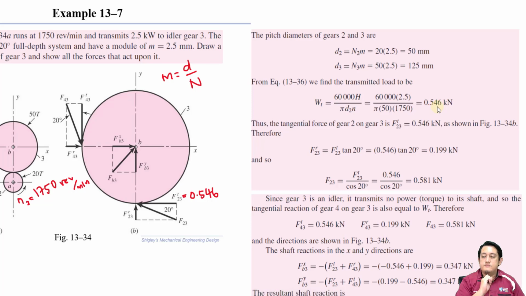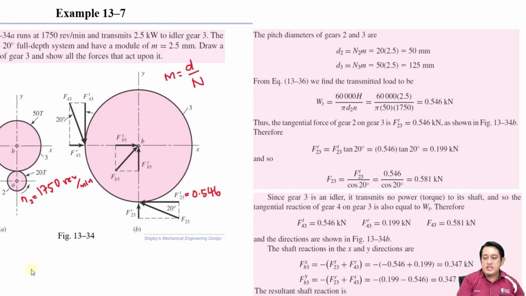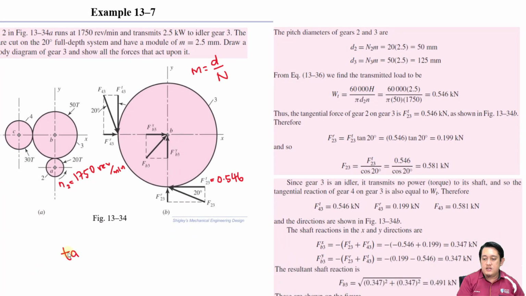So how do we calculate FR, the radial force? The relation is tangent of the angle 20 equals FR over FT.